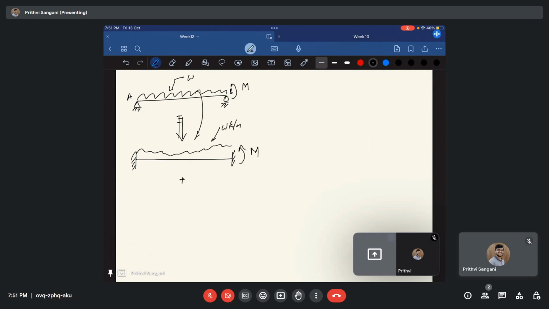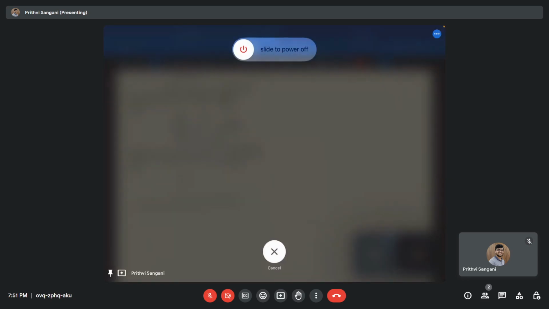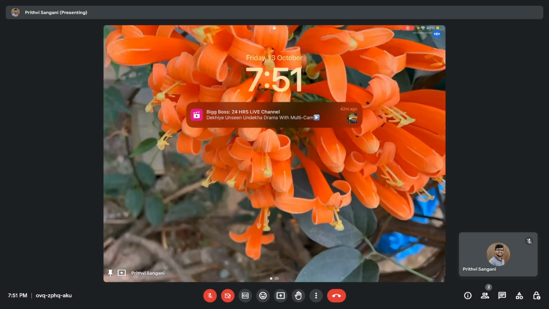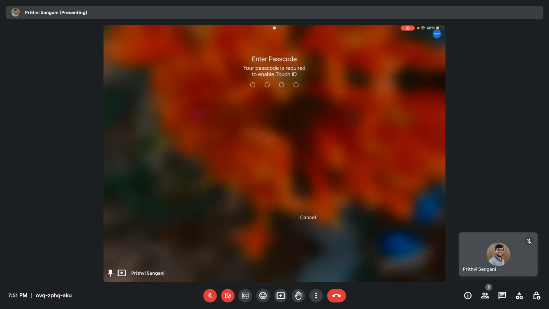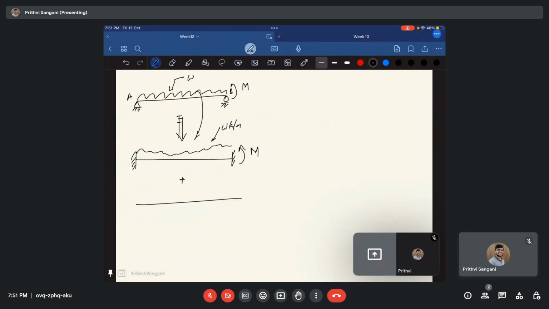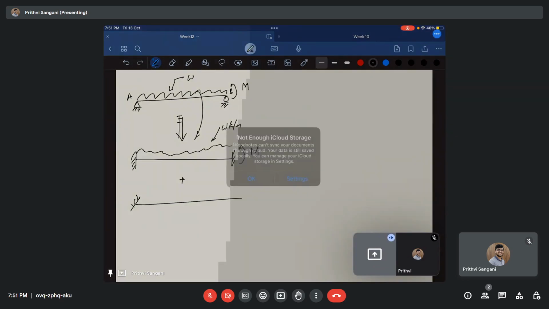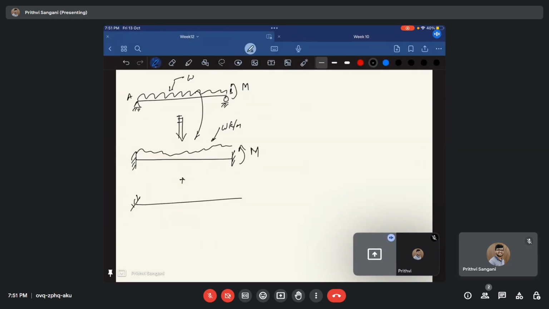Plus, now we are assuming those joint rotations and joint displacements and all. And we have all these joint rotations.